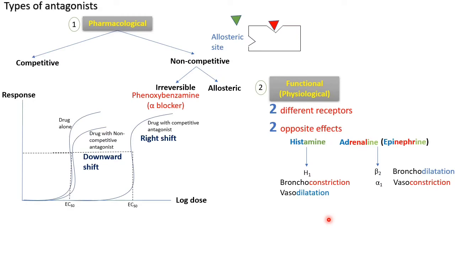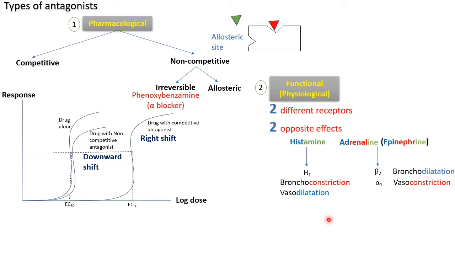So it acted on receptors other than the receptor of histamine, which is H1, and it caused opposite effects to histamine. So it antagonized the effects of histamine without acting on or blocking the receptors of histamine. Okay, this type of antagonism is physiological antagonism.